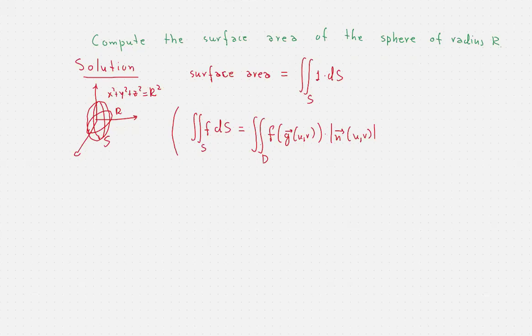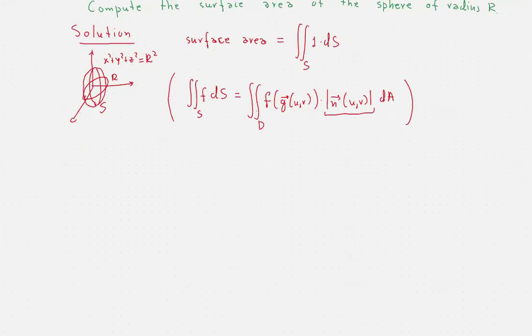The nice thing for us here is that the function f is the function 1. No matter how you compose it, you still get the function 1. So what we really need to compute is the normal vector, and that's what we're going to do. But first of all, let's explain what kind of parameterization we're going to use here.